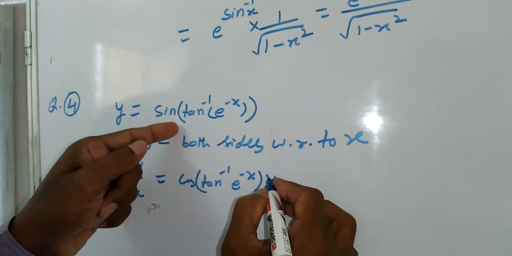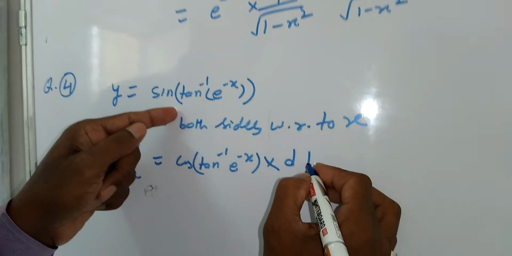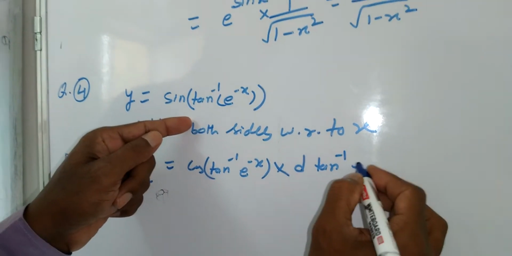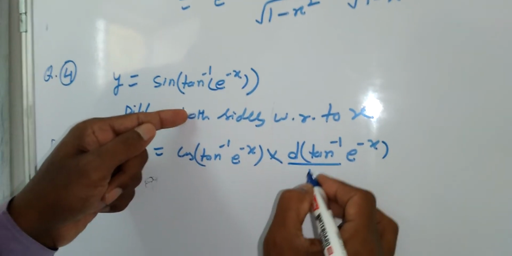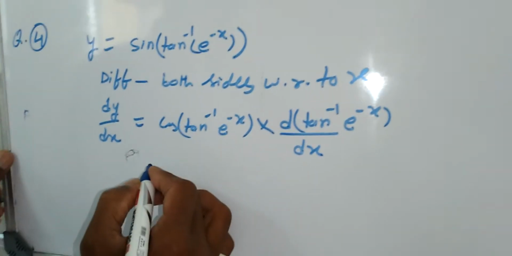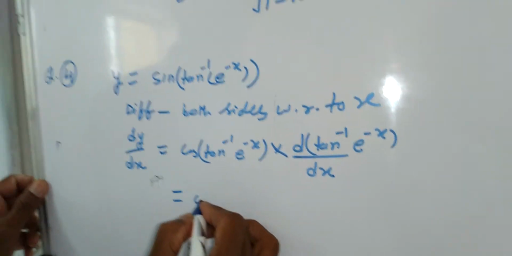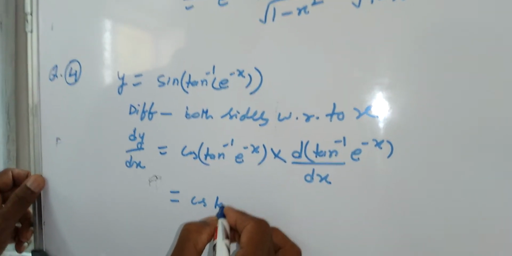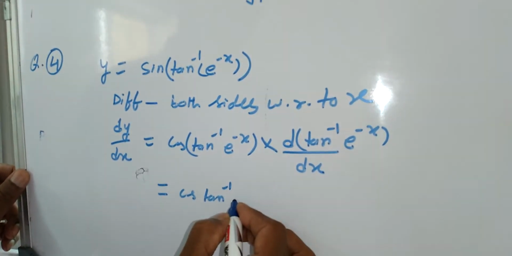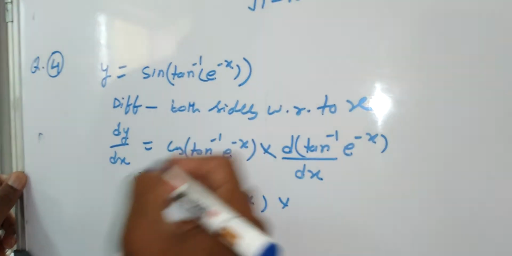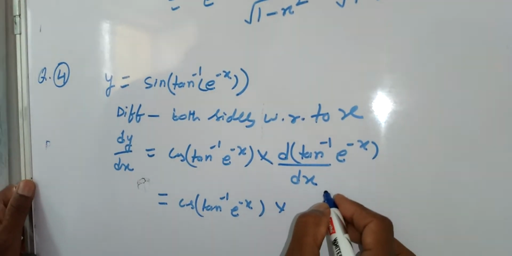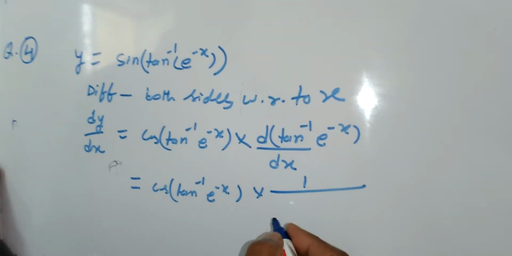Now the derivative of tan inverse e to the power minus x with respect to x. So this is equal to cos tan inverse e to the power minus x into the derivative of tan inverse x, which is 1 by 1 plus x square.